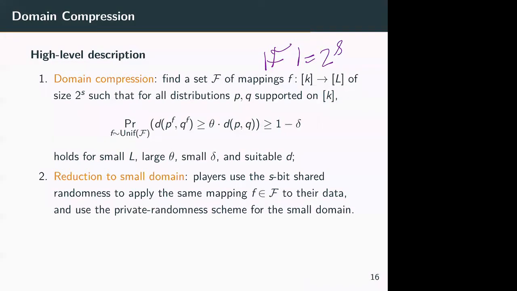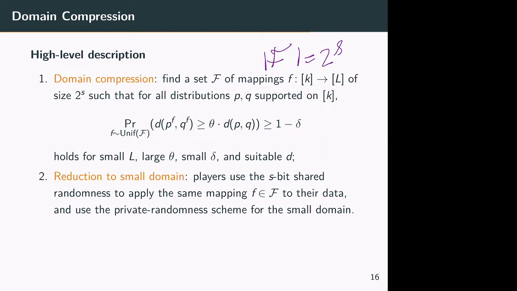such that whenever you take two distributions P and Q that are supported over the domain of size K, and look at the induced distribution over L. So you take P and Q, then pick uniformly a function, look at the mapping induced by that function, and look at the induced distribution. Now the distance between P and Q should be preserved, or should not contract by too much.